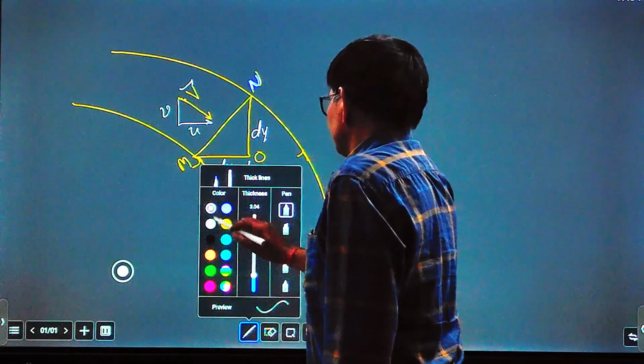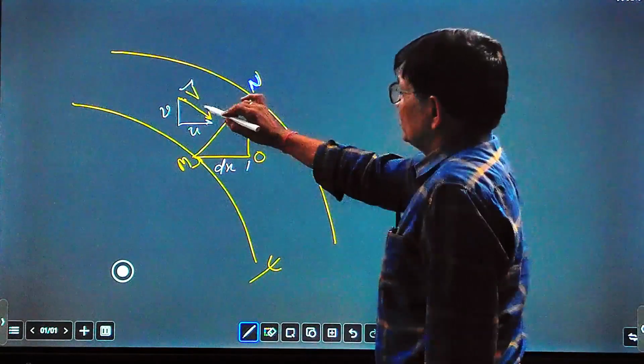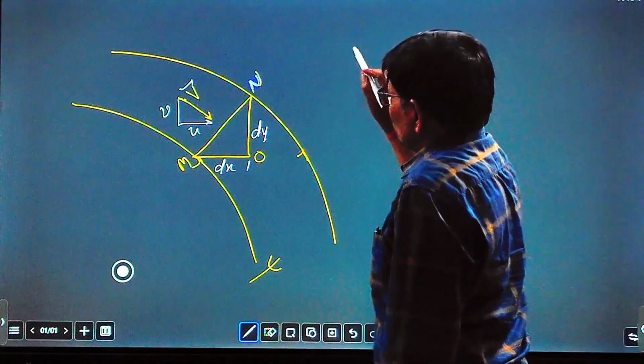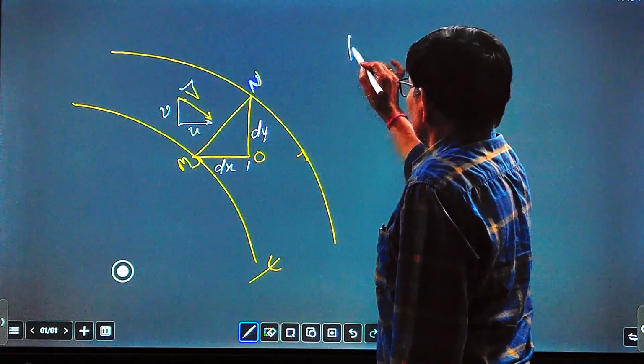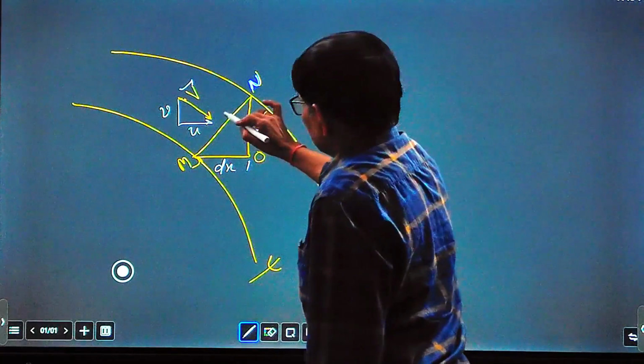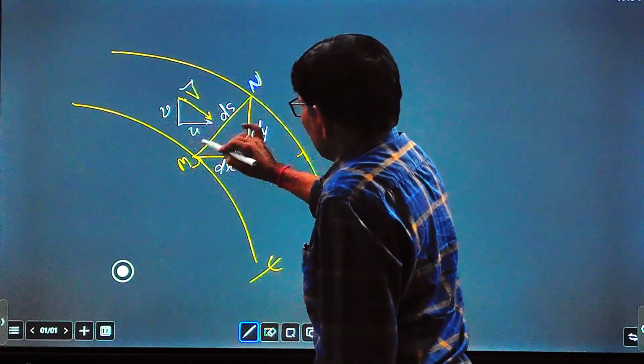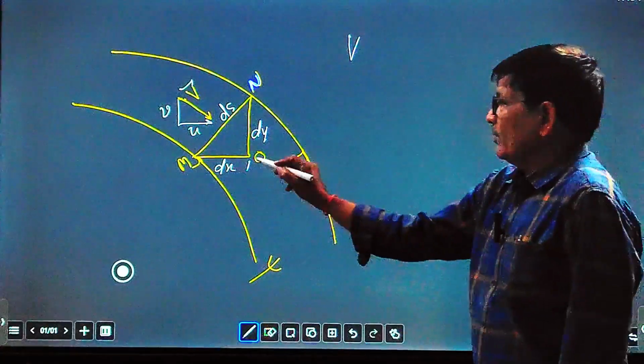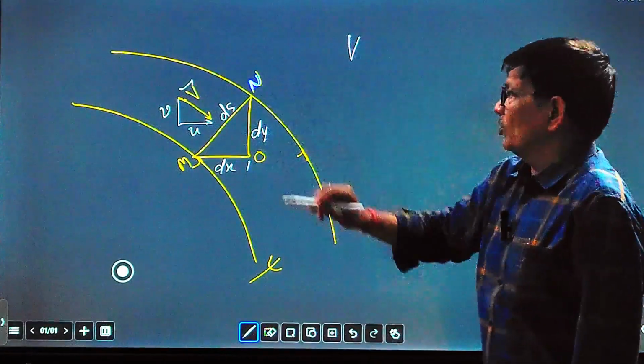So here, suppose this is a flow. V is velocity, so V into this distance ds. MN is equal to ds, MO is equal to dx and ON is equal to dy.